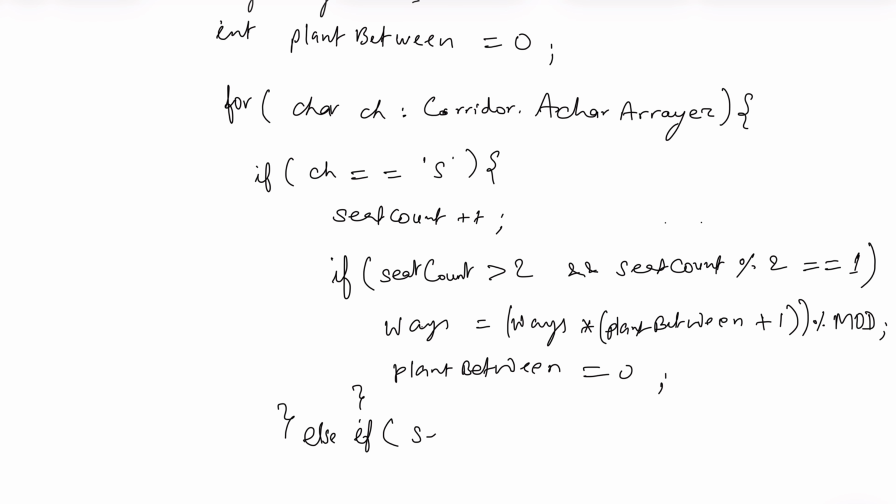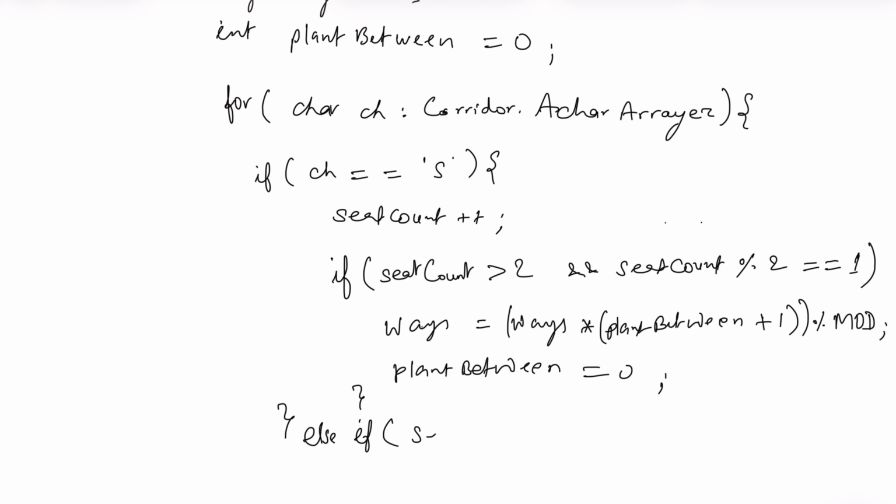This is our case, meaning we want to count the plants only after completing a pair. In that case, plants between is plus plus. Okay, we should define plants. This is what we need to do.